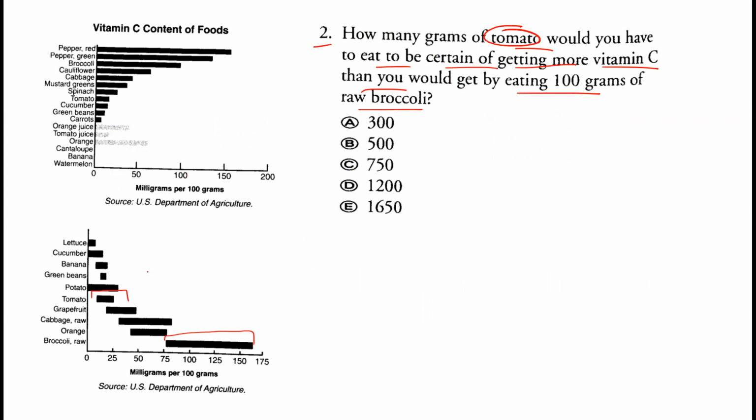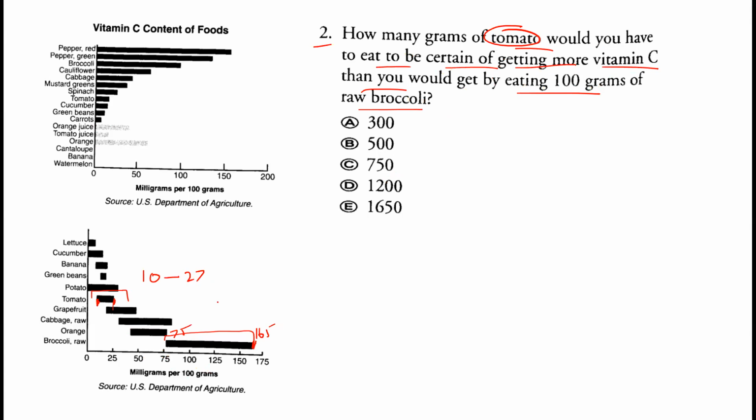So tomato will have approximately between 10 and 27 or 28 milligrams of vitamin C per 100 grams, and broccoli has approximately from 75 to approximately 165.